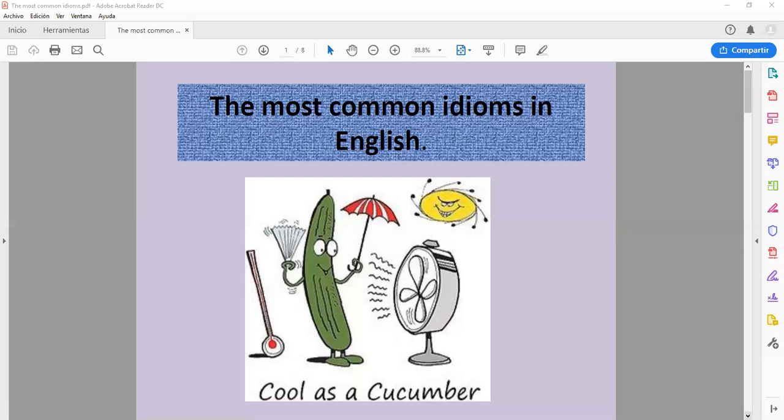So why don't we do some examples about this one, cool as a cucumber. For example, I can tell you that my neighbor has a lot of problems with his rent because he can't pay and he doesn't want to work, even though he has a lot of problems with money.